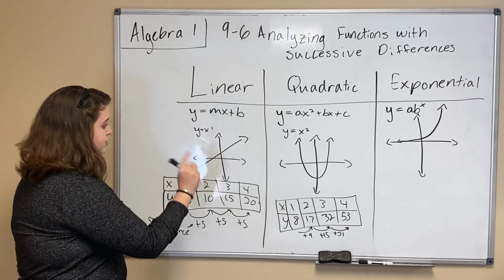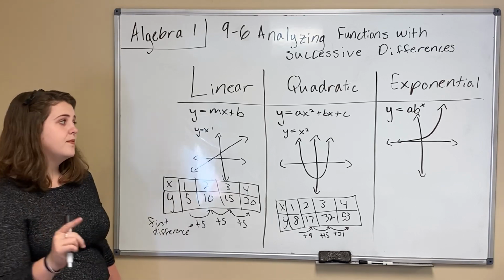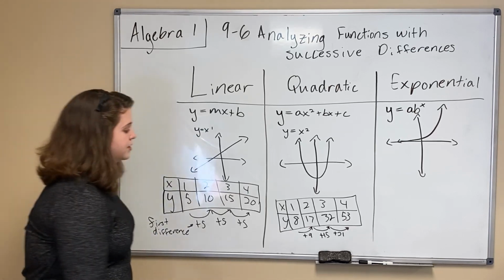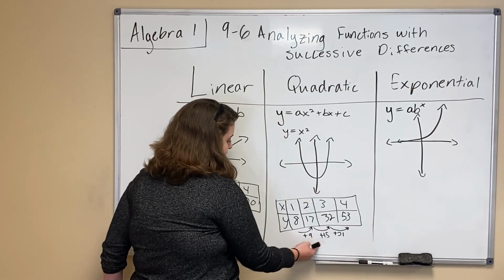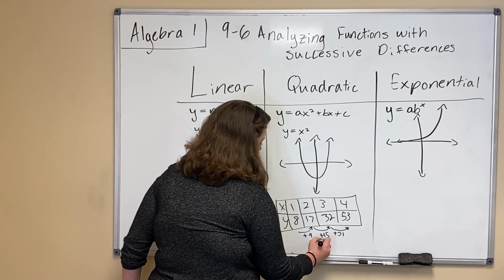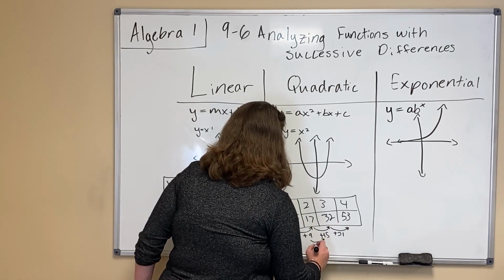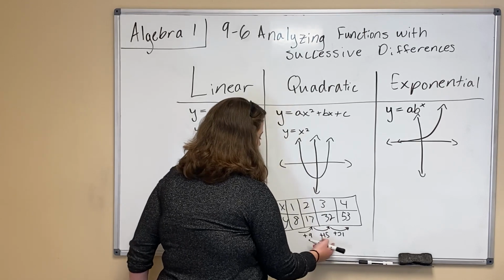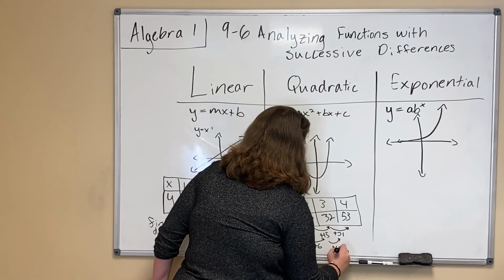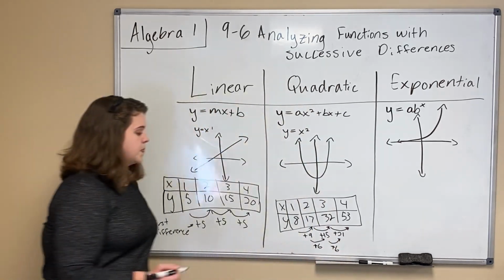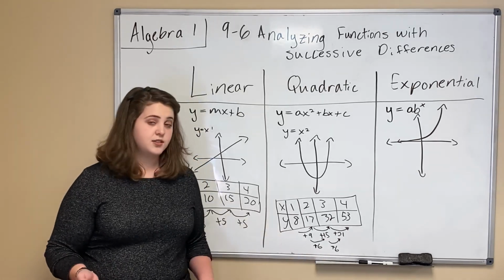What's unique about a quadratic function is if I take a difference a second time, it will be a constant rate of change, and I'll show you what that means. If I now look at the difference between 9 and 15, the difference from 9 to 15 is plus 6. And the difference from 15 to 21 is also plus 6. So in my second set of differences, it is a constant rate of change.